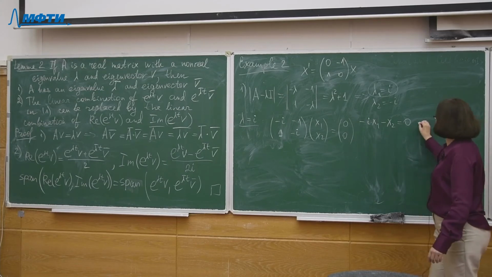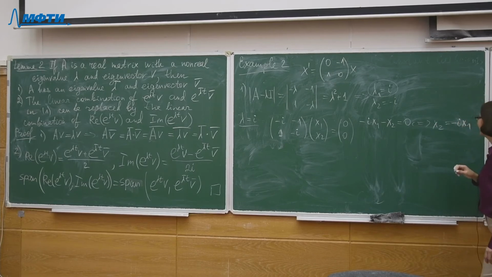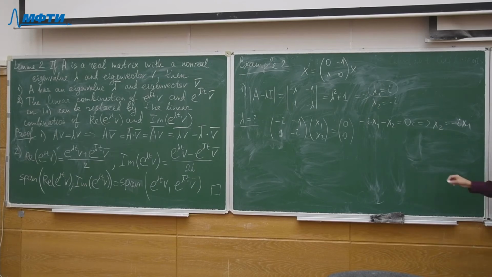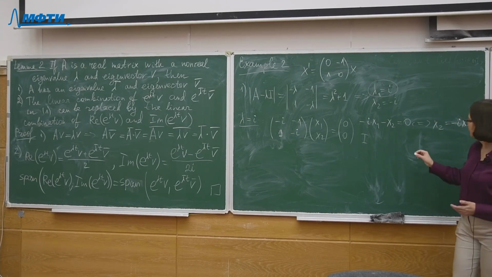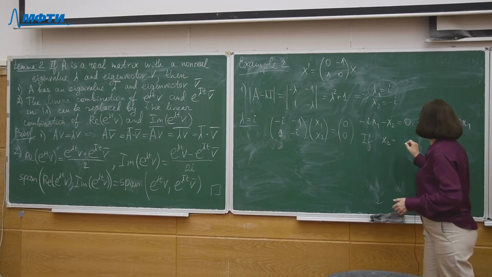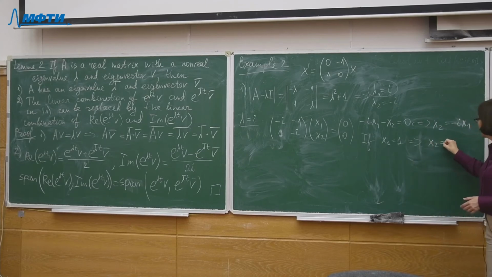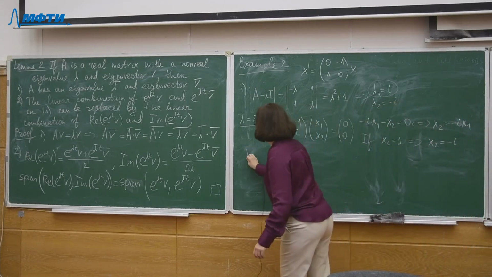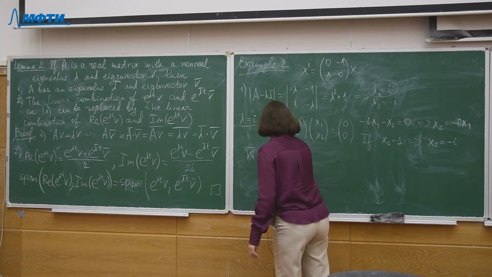It is the same as x2 equals minus i x1. We need just one vector, not many vectors. So if x1 equals 1, for example, then x2 equals negative i, and we have an eigenvector v1 of the form (1, negative i).